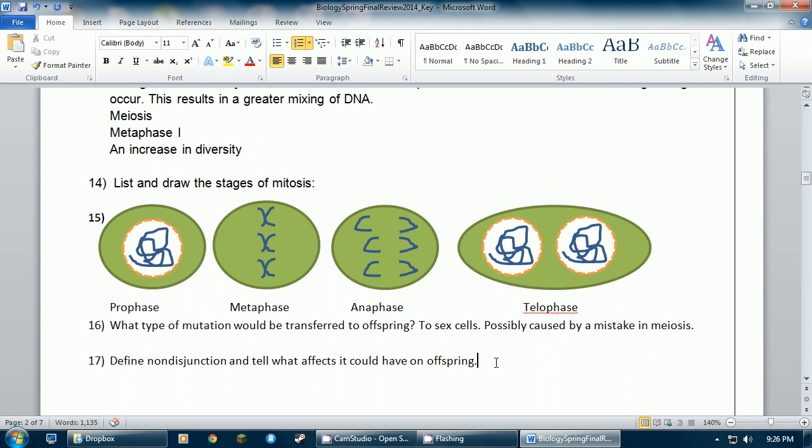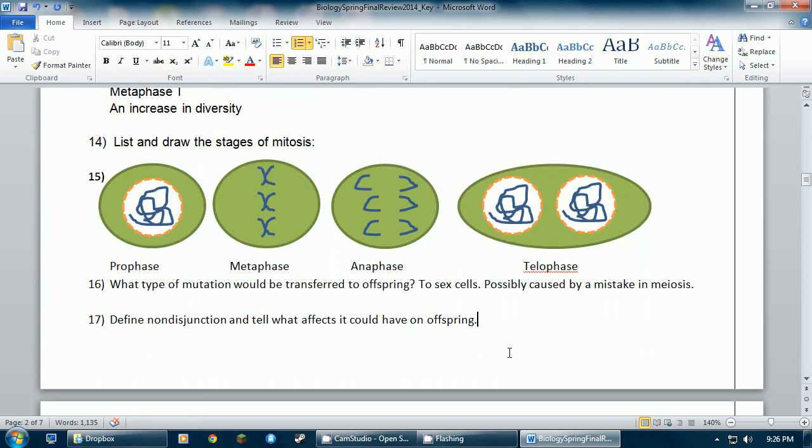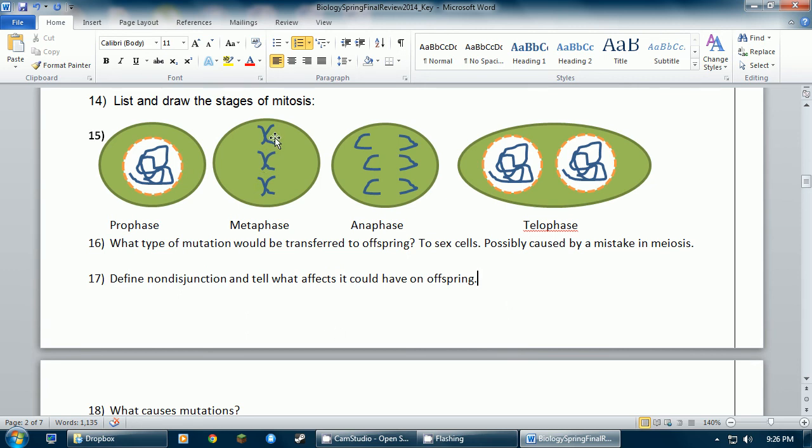All right, define non-disjunction and tell what effects it could have on an offspring. All right, so non-disjunction is, if you look up here, let's pretend that these guys actually failed to separate. So instead of separating properly, they actually grabbed and both went off in one direction.